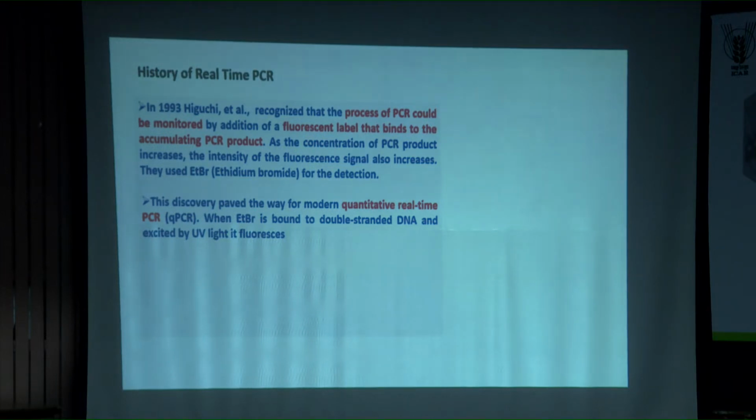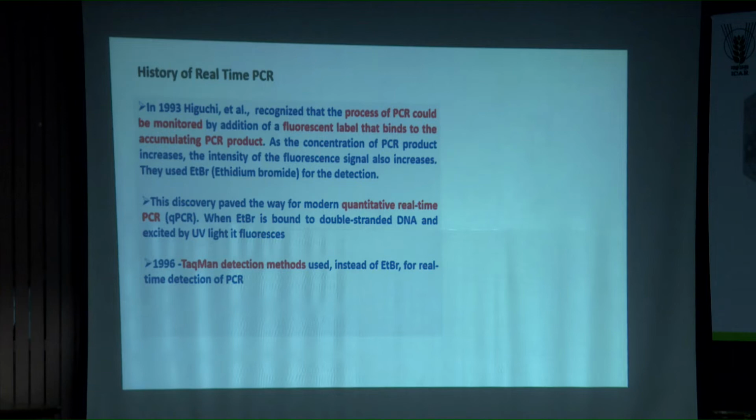If you read the original papers, they used ethidium bromide to decorate the DNA so that the decorated DNA emits some kind of color, and that color is captured by a camera. The only difference is, considering the toxic nature of ethidium bromide, people felt it is not wise to use it. They replaced it with a safe and also a stronger dye. We'll talk about that in the coming slides.